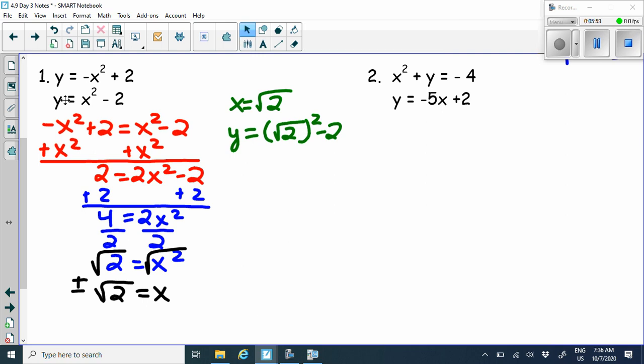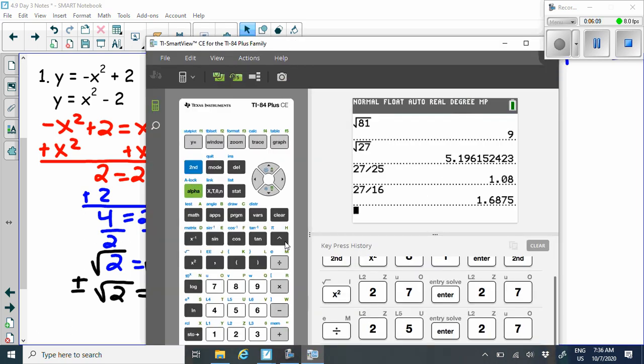Well, I would just plug it into the calculator, and this is how you're going to do it, especially for those with scientific calculators. Notice that I use parentheses. So when you plug this in, you're going to have to do parentheses, and then your square root, put in 2. Now, if you're using a graphing calculator, all you have to do is arrow over, but for those with scientific, you don't need to do that.